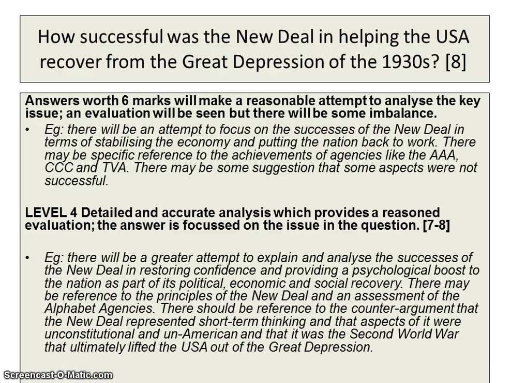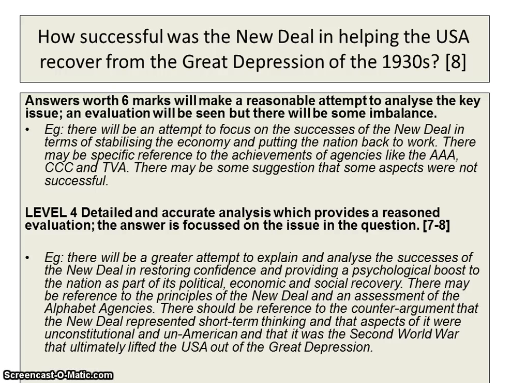Reference the achievements of the agencies like the alphabet agencies, such as the Agricultural Adjustment Act, the Civilian Conservation Corps, and the Tennessee Valley Authority. Three areas that had a real impact on helping keep unemployment figures down, rightly or wrongly, but also transforming the lives of 7 to 8 million people living in the Tennessee Valley and creating an infrastructure there in a very poor, deprived, impoverished region before the TVA was set up.